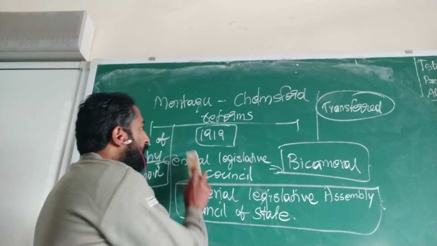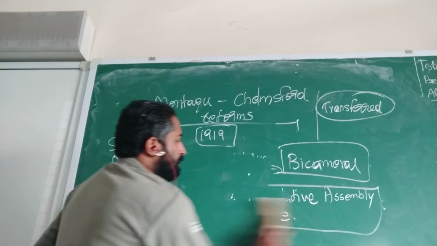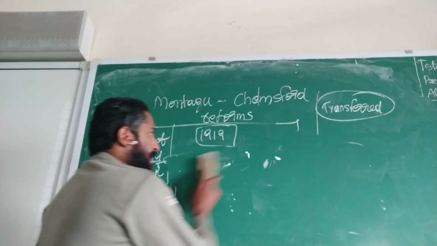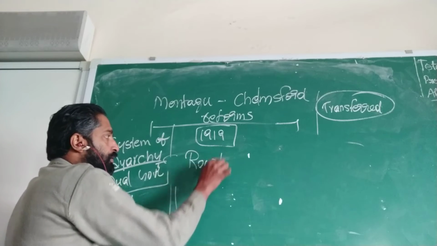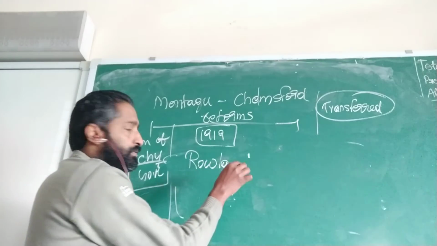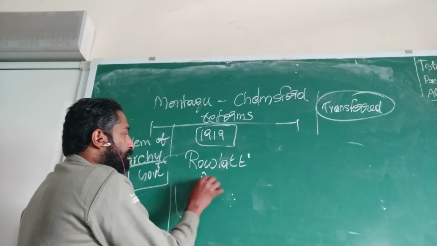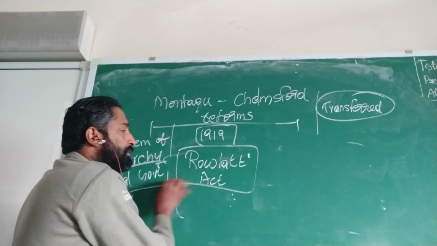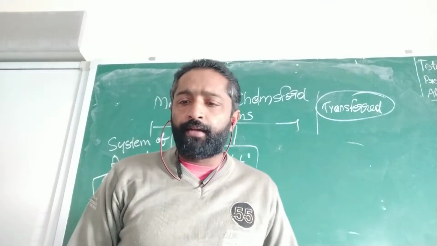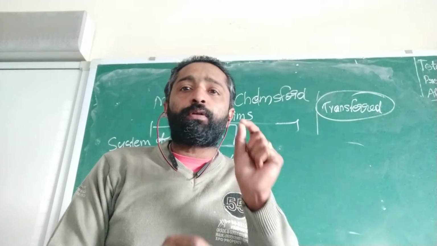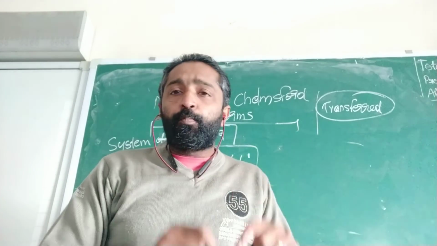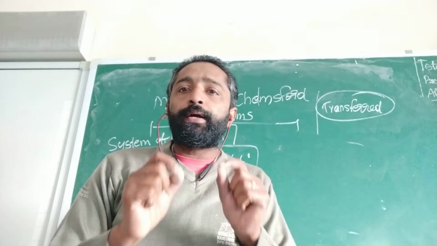The next thing that happened was that in 1919 they brought about another act called the Rowlatt Act. And what is this particular act? The British government could arrest anyone without a warrant and imprison a person without a trial.